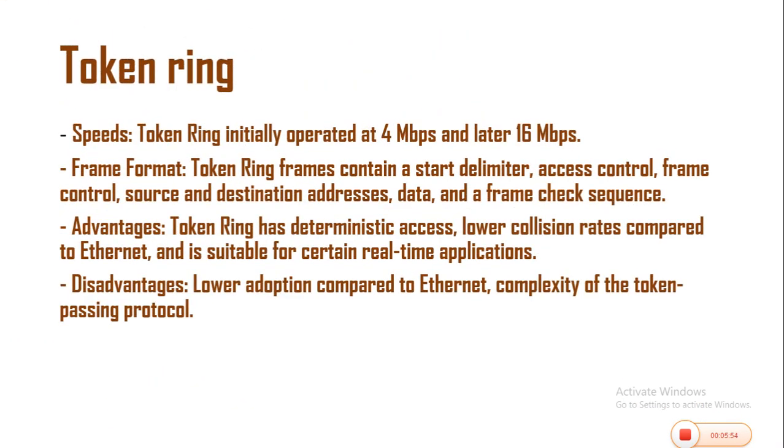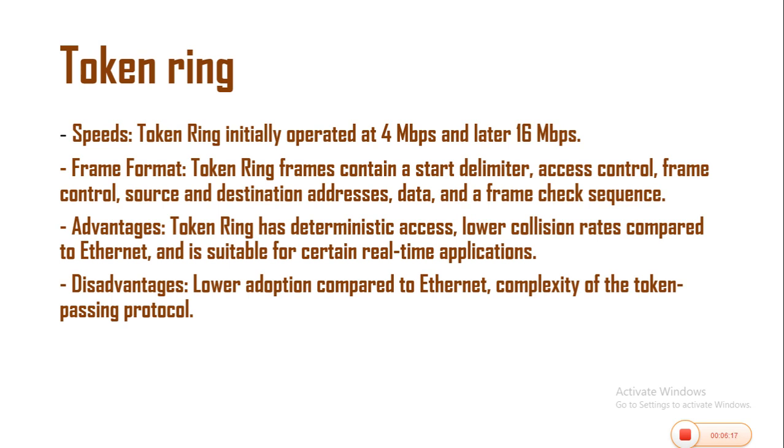The speed. Token ring initially operated at 4 MB per second and later 16 MB per second. Frame formats. Token ring frames contain a start delimiter, access control, frame control, and source and destination addresses. Advantages.